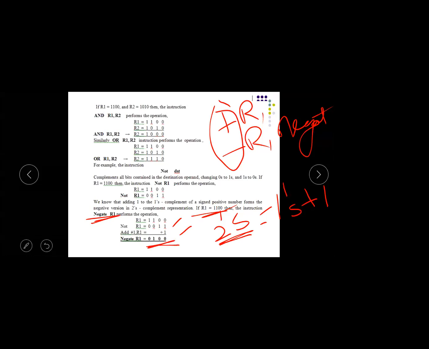This is called the negation of R1. 1100 is decimal 12, and 0100 is minus 12, in 2's complement form. This operation is used for negation.